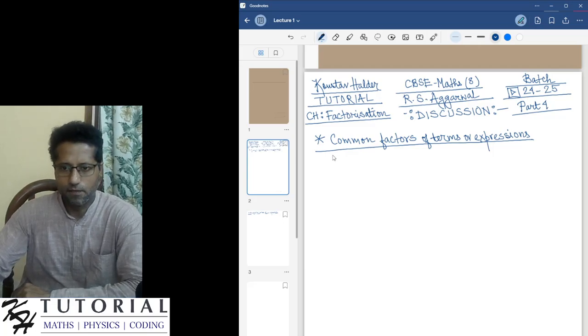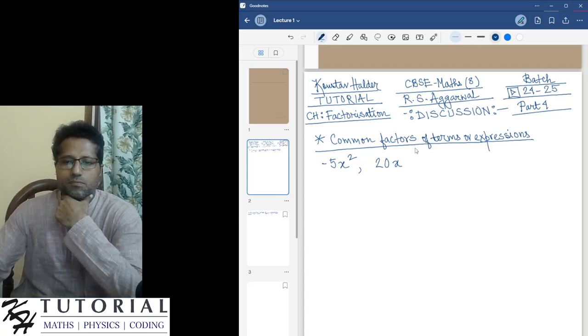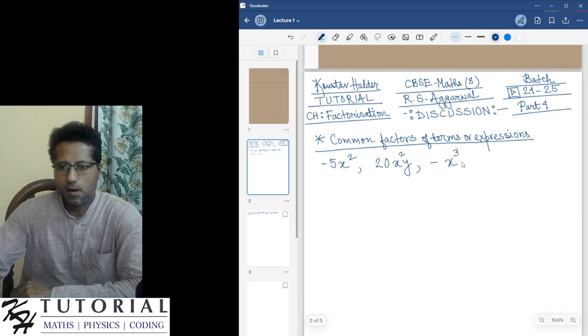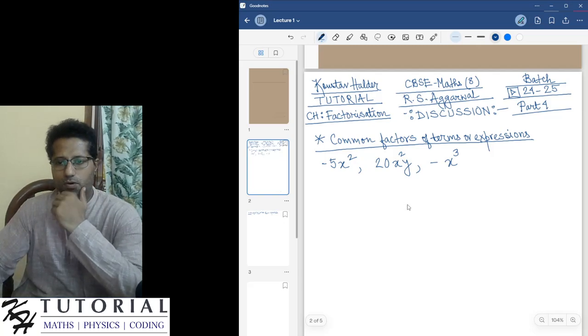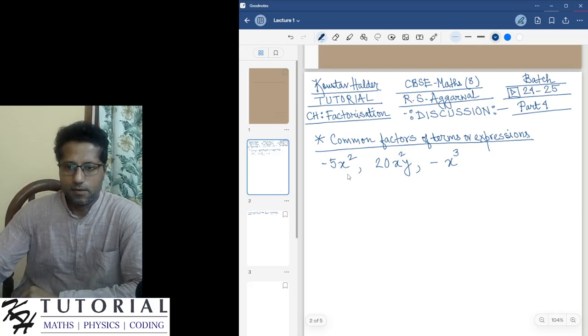So let's say we have terms like minus 5 x square, 20 x square y, and minus x cube. Now, what will be the common factor of these three terms?